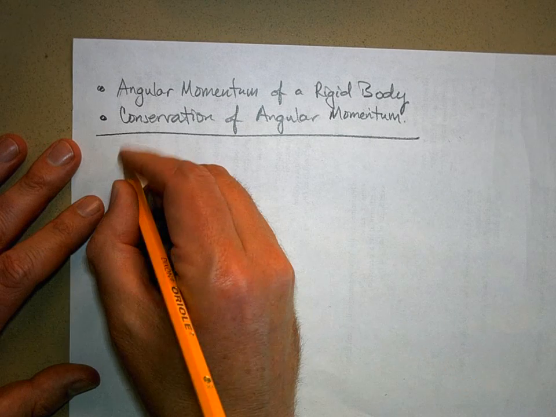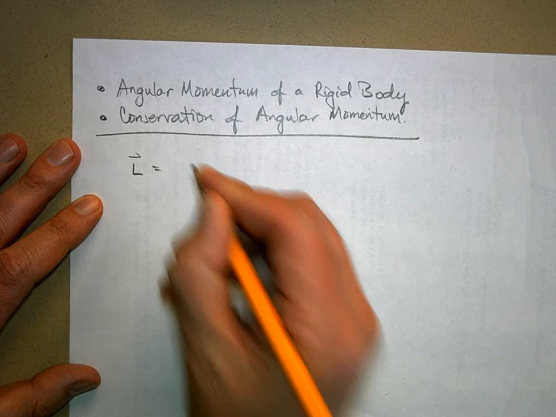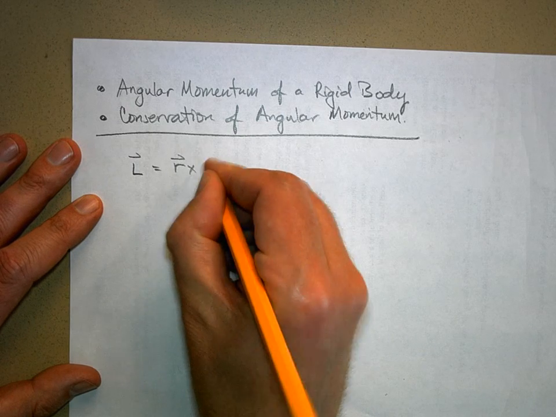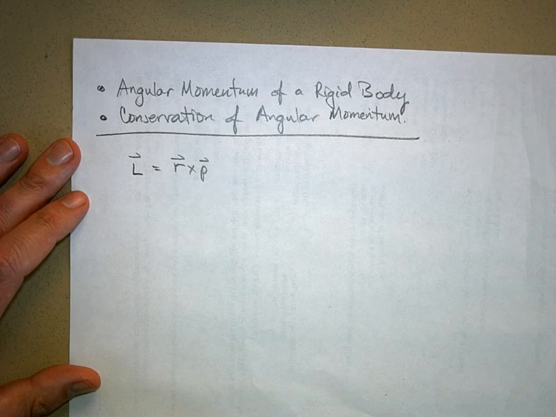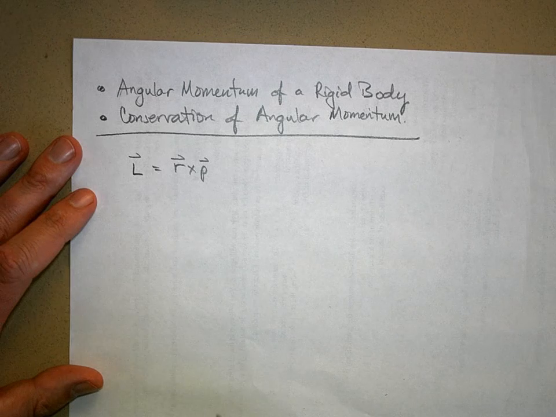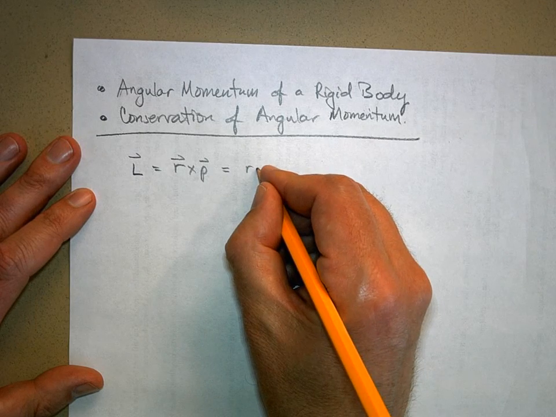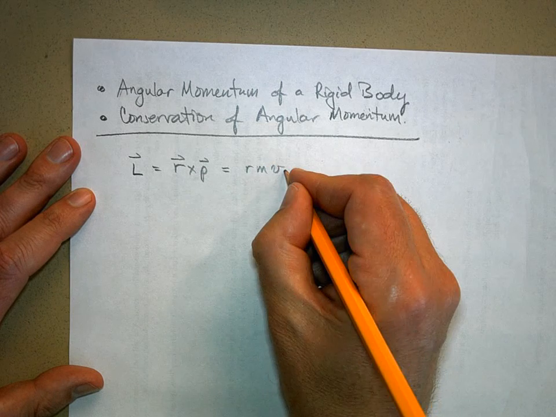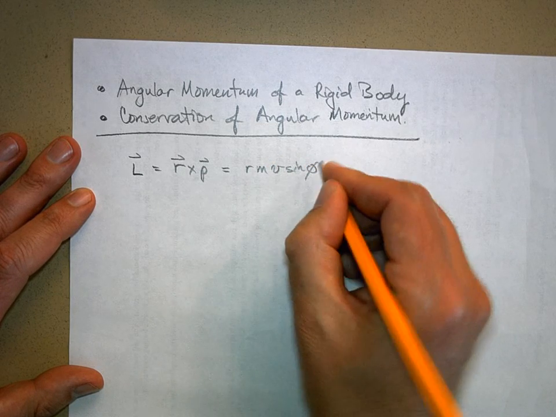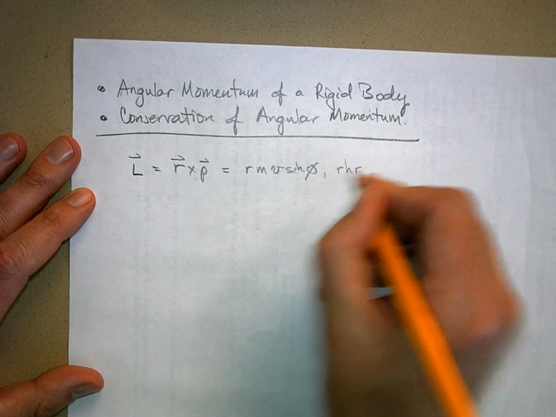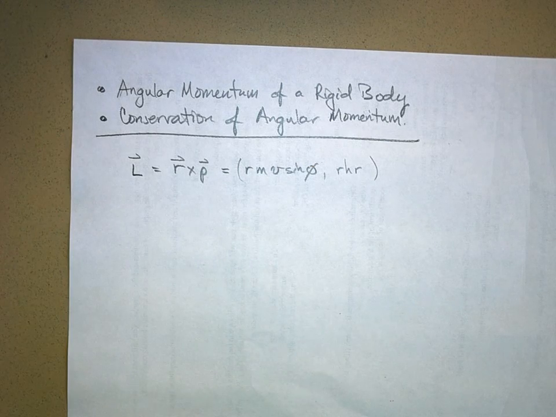We defined angular momentum, L, as being r cross p. And we said that this was r m v sine phi. And you use the right-hand rule to get the direction of that.